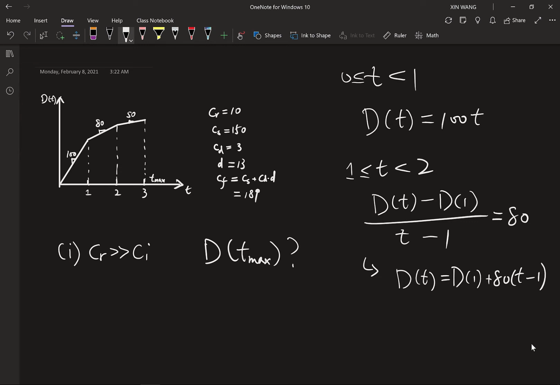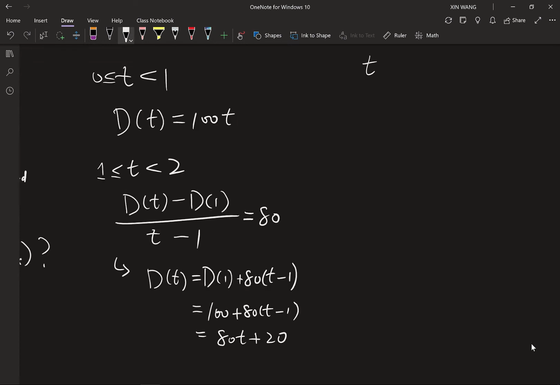And from the first case, we know that d1 is 100. So this gives us 100 plus 80(t minus 1), which gives us 80t plus 20. Now let's see the third case.